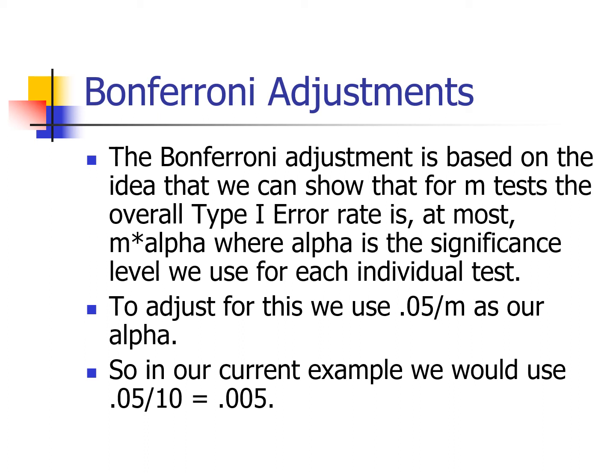And so what we basically do is, instead of using 0.05, we use 0.05 divided by m. So 0.05 in our case divided by 10. 0.05 divided by 10 is 0.005. It becomes a lot harder to reject now, doesn't it?